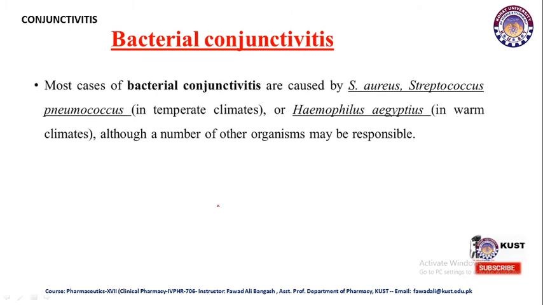Most bacterial conjunctivitis is caused by Staphylococcus aureus, Streptococcus pneumoniae in a temperate climate, or Haemophilus aegyptius in a warm climate, although a number of other organisms may be responsible.